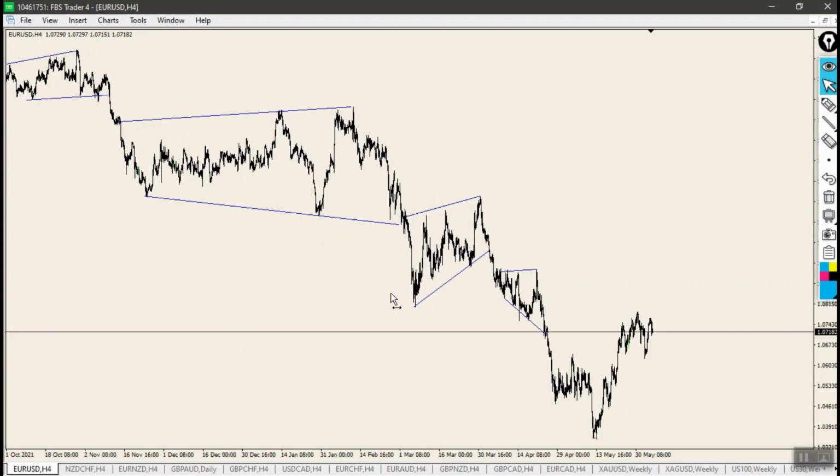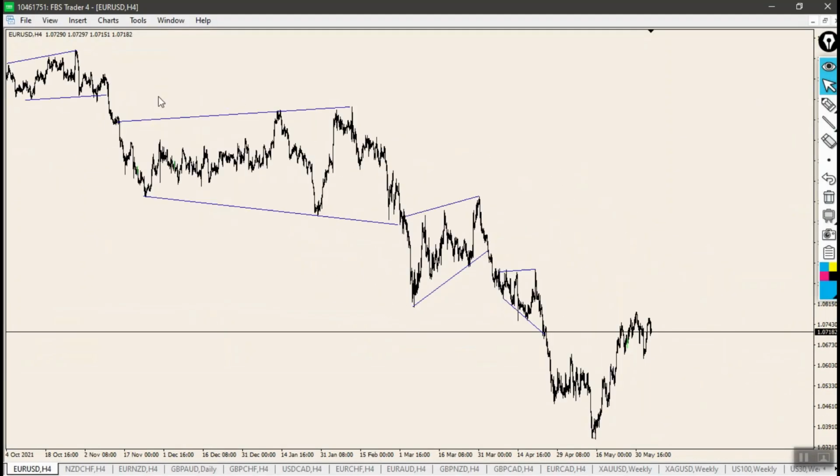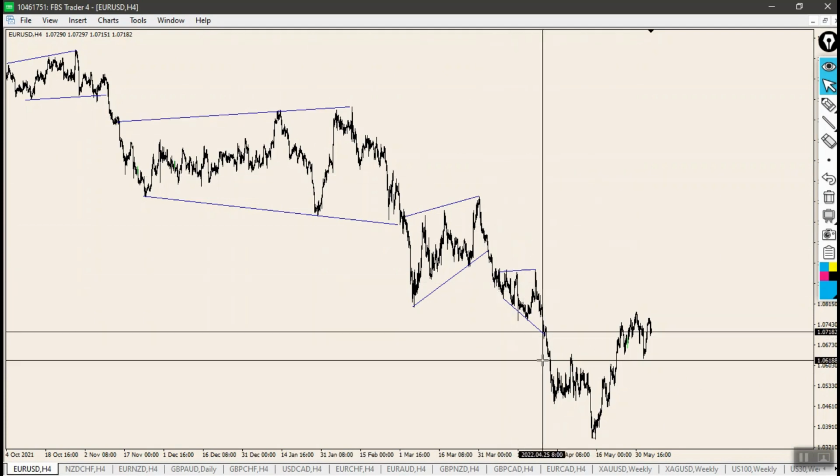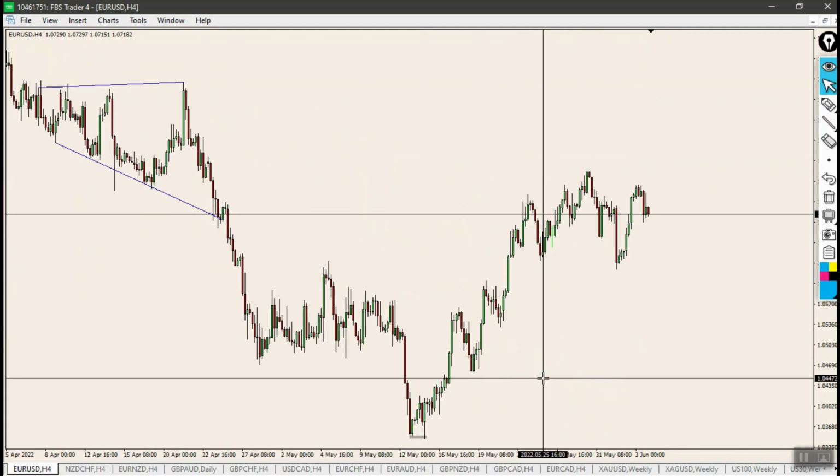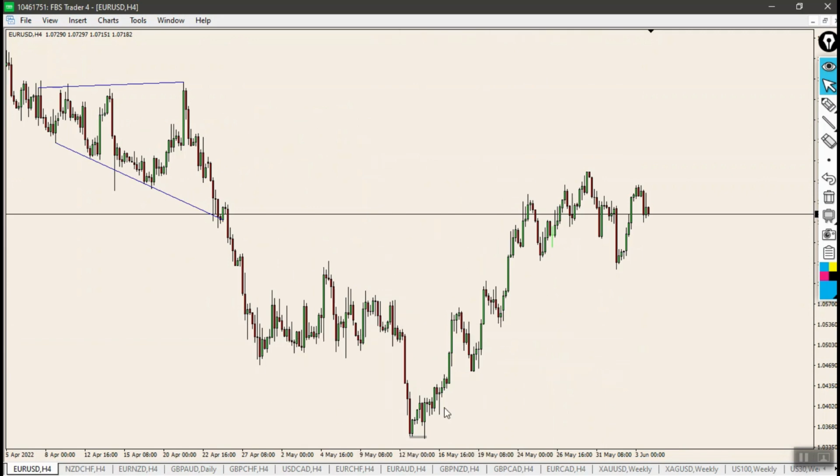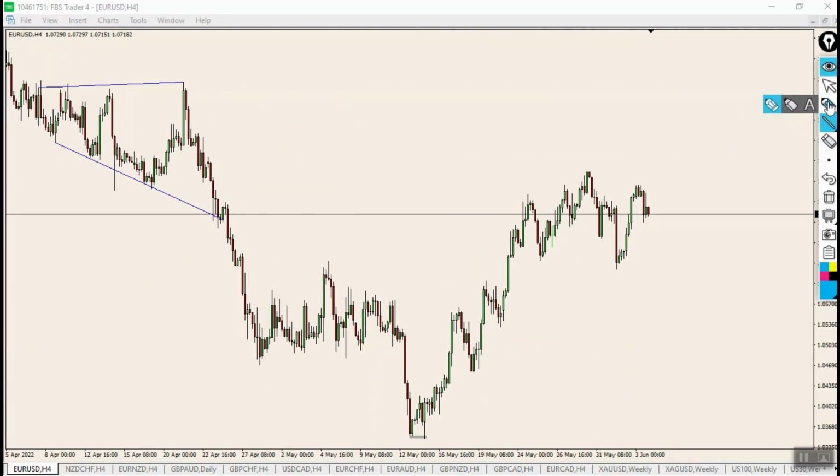Finally, on the 4-hour chart, we do see those continuation patterns we identified previously. Here they are, right here. And then the market does something rather interesting here, something that looks like a head and shoulders pattern. If you were to look at it from this perspective, here's the first shoulder, the head, and we have the second shoulder right here, and then the market moved to the high.